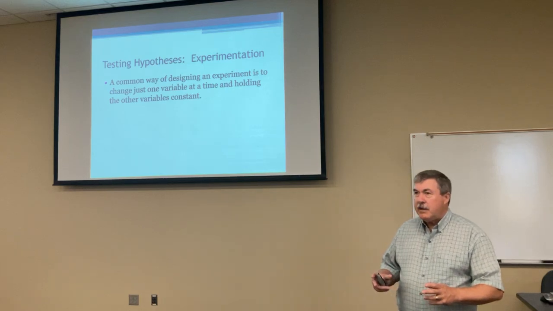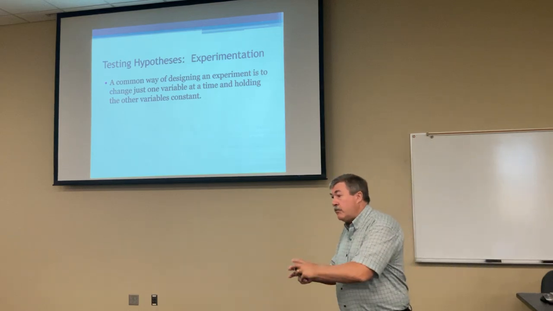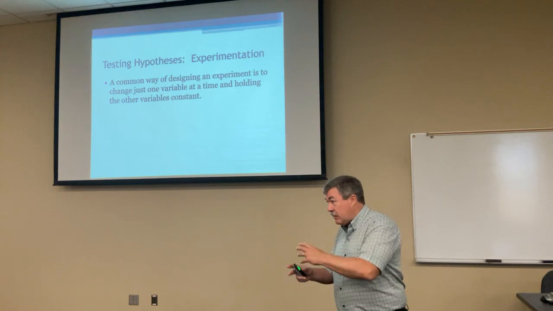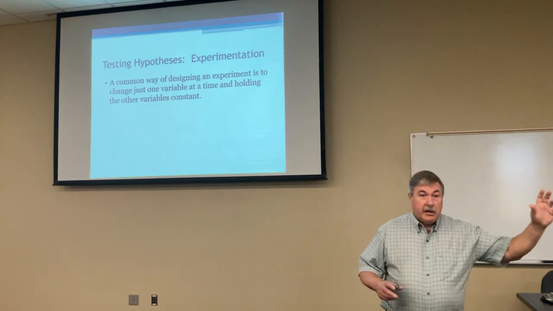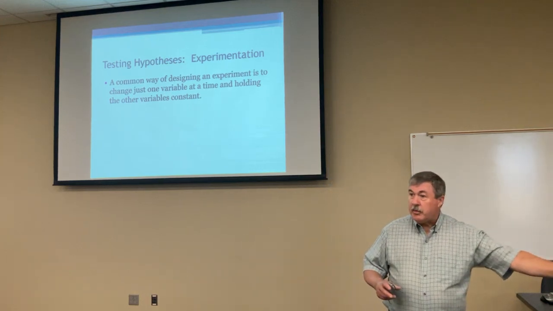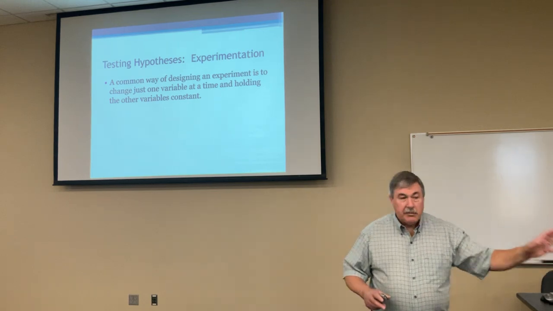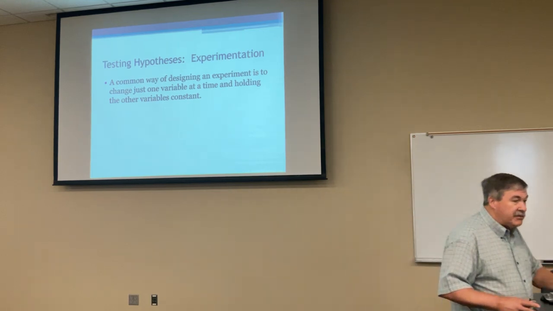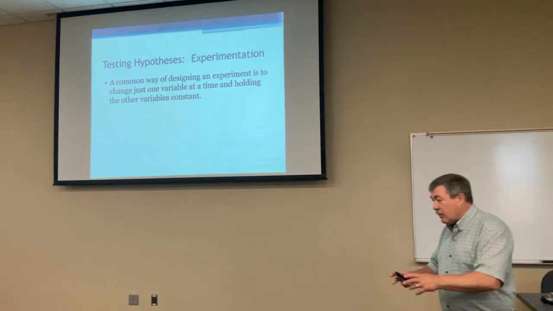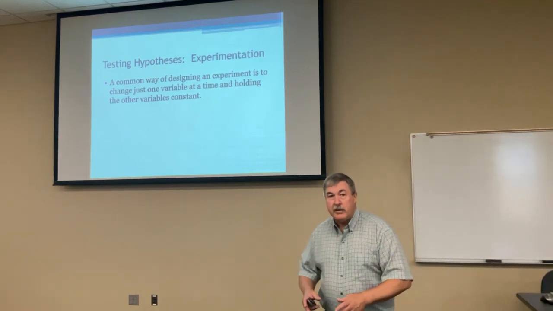And in order to determine if that change in one variable does have an effect on your experimental group, you have to have a control group where you don't change any variables. Because without the control group, you have nothing to compare your experimental group with.